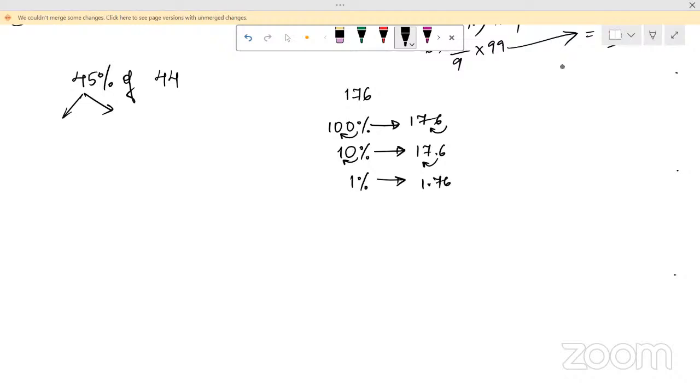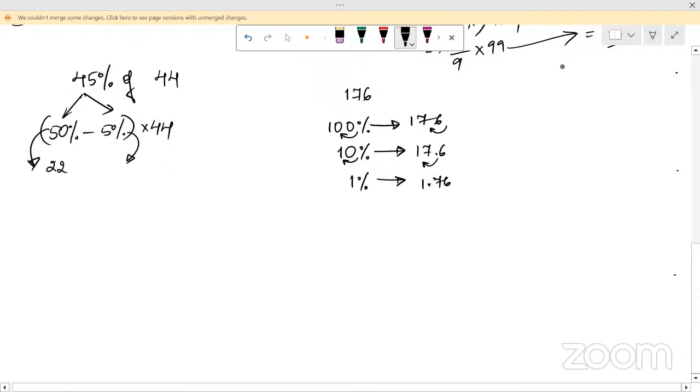What I'm asking you is, 45% may be written like this. Yes or no? Yes. Now tell me what is 50% of 44? 22. If 50% is 22, 5% will be what? 2.2.